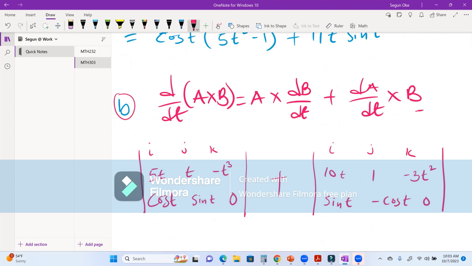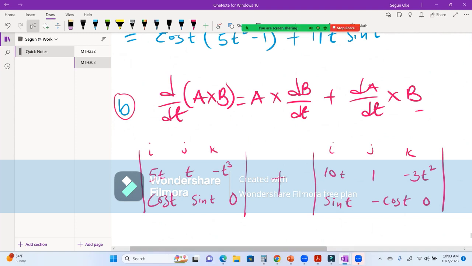The last one is ordinary B, not the first one. That's the dB/dt. Okay, are you getting it now?